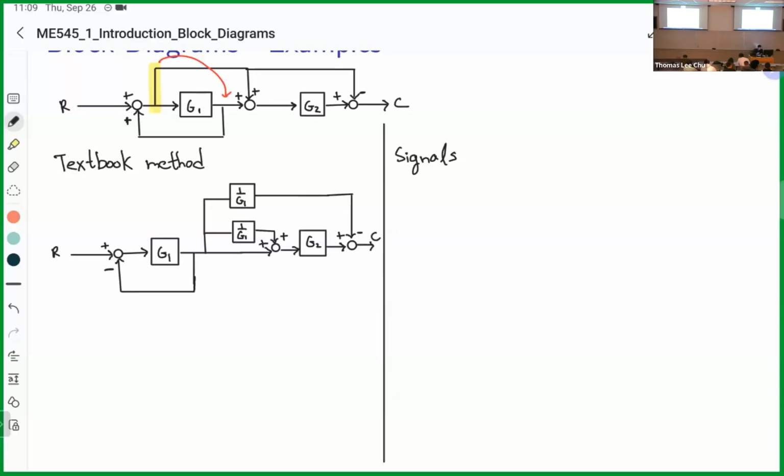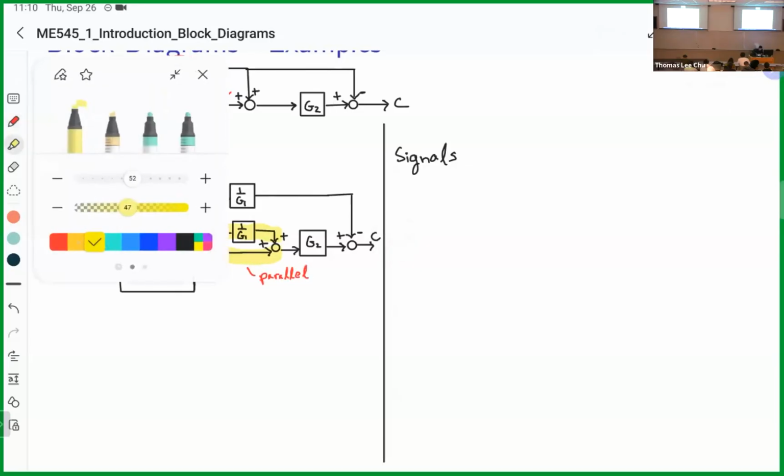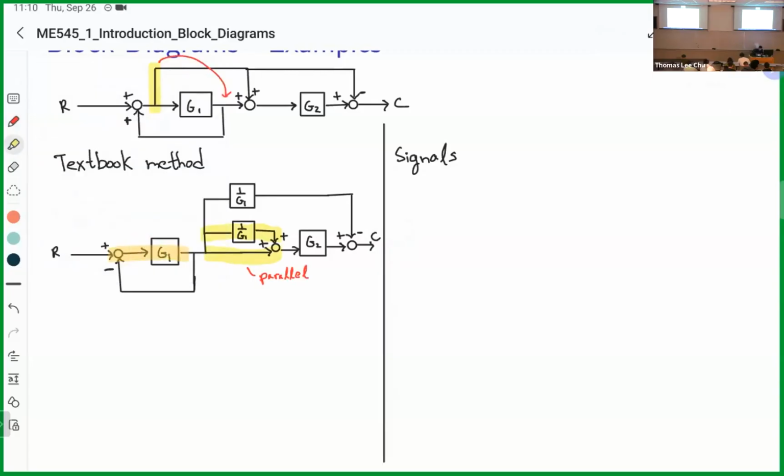So there's two things I can do now. One is you can see here, these are now parallel. So I can just add these two signals together. Then with a different color, this here is negative feedback.